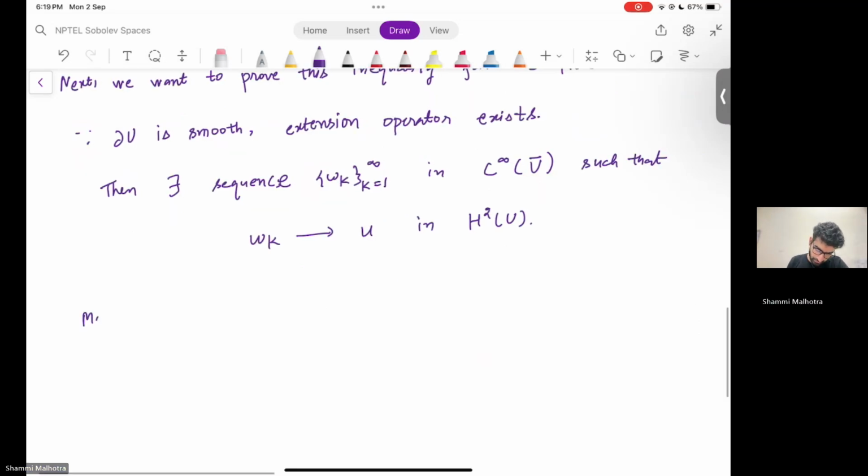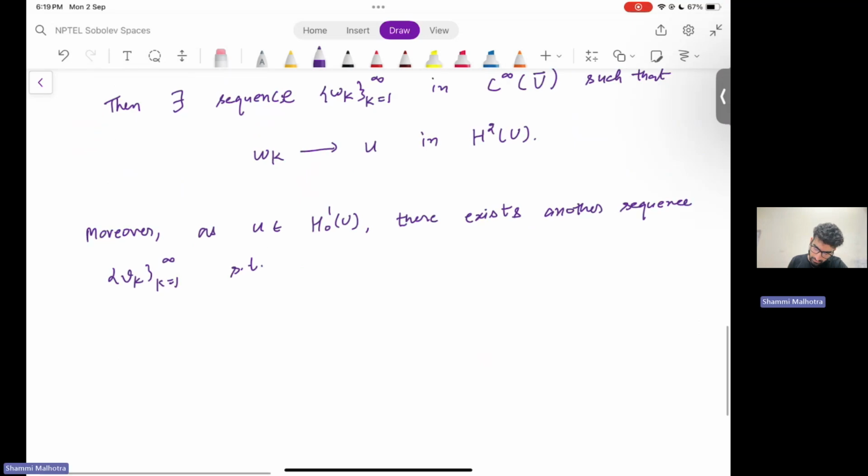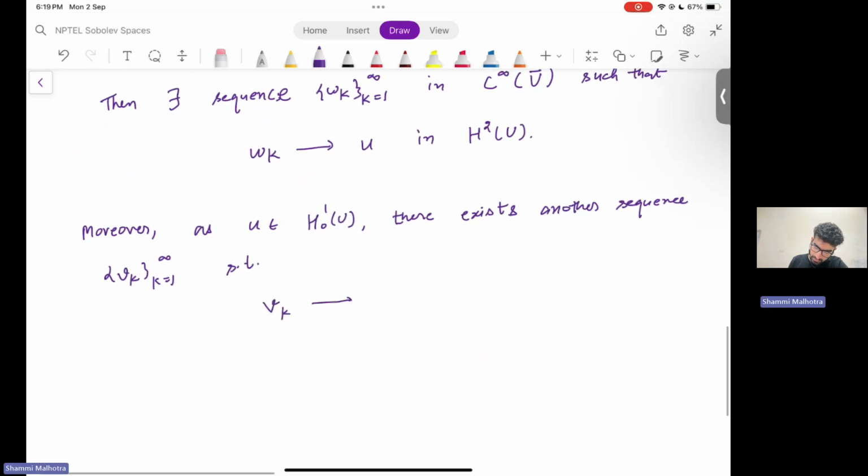Moreover, as u belongs to H naught 1 of U, using the definition of H naught 1, there exists another sequence v_k, k from 1 to infinity, such that v_k converges to u in H naught 1.